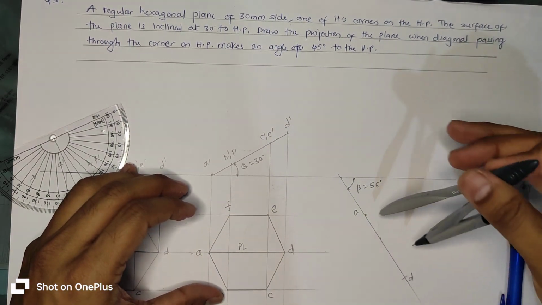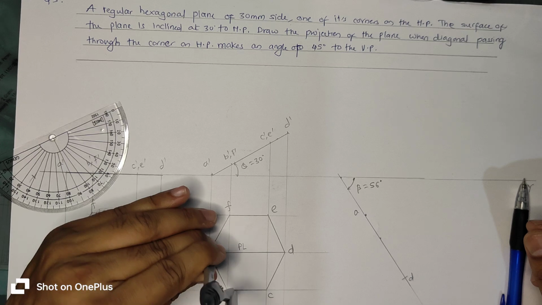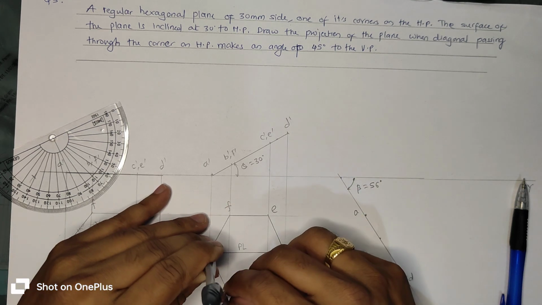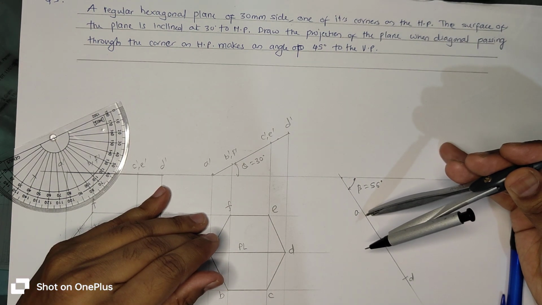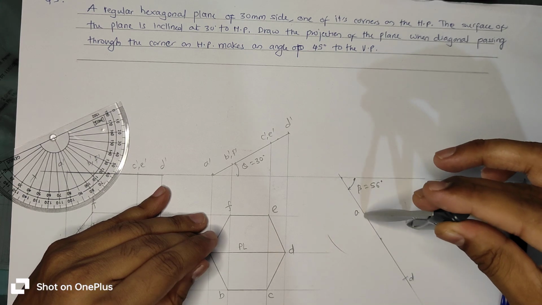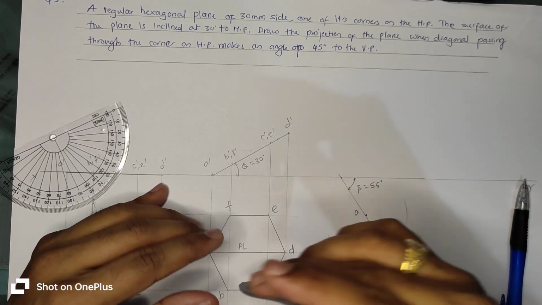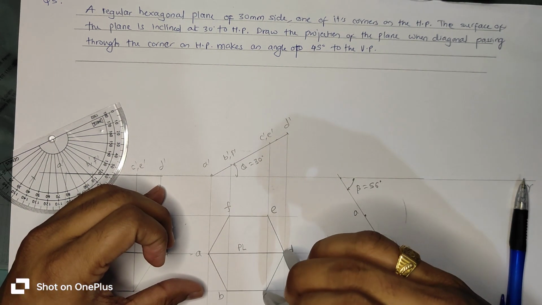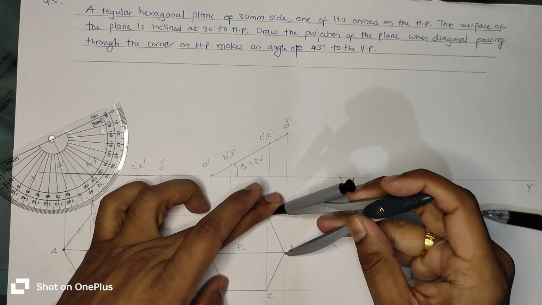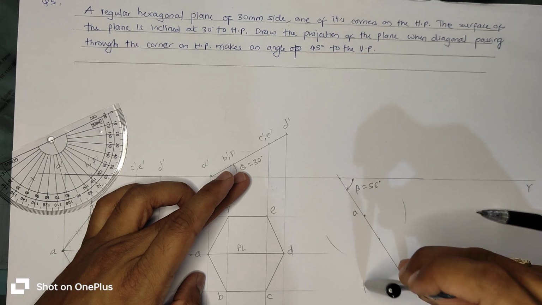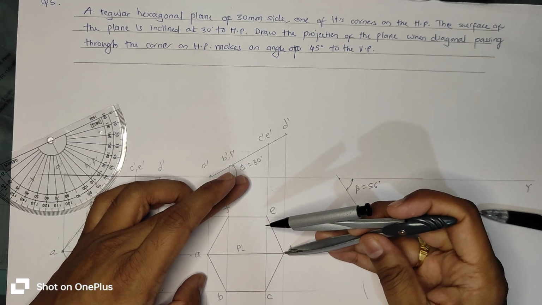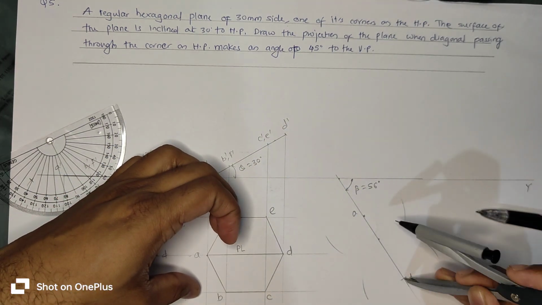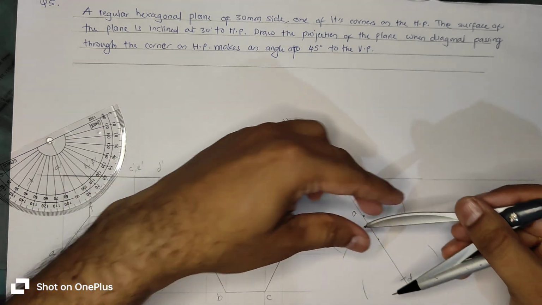So take A to F distance. As in this hexagon, A to F and A to B distance is the same, so draw arc on both sides of this line for B and F. Then as D to E distance and D to C distance is the same, draw arc on both sides of this line from D. Then D to F distance and D to B distance is the same, so draw arc from D to F and D to here.